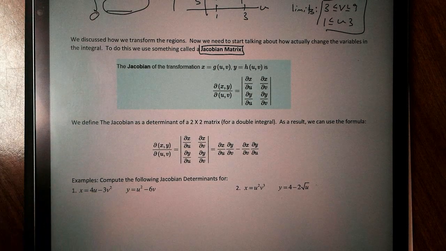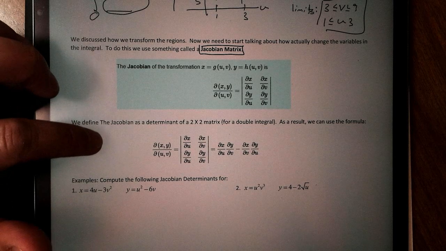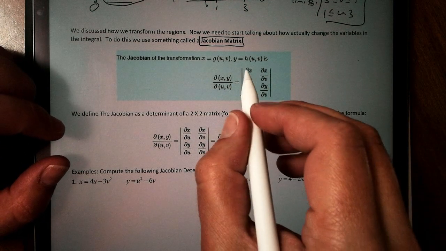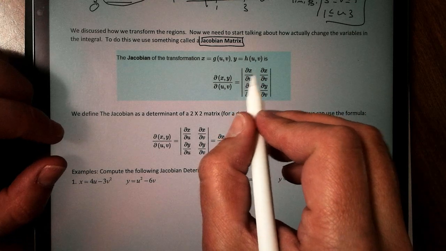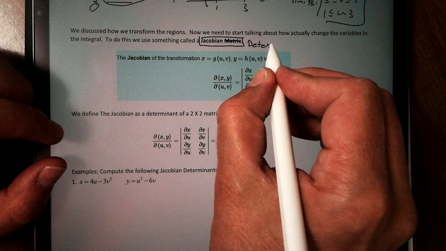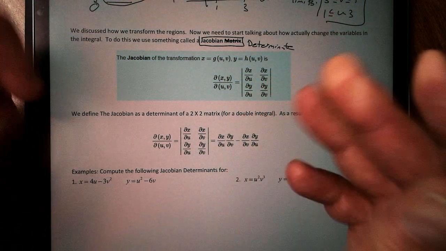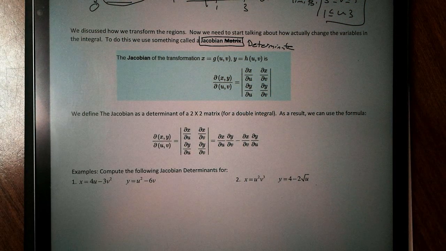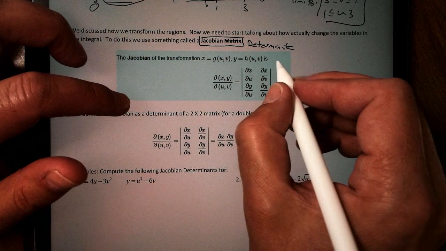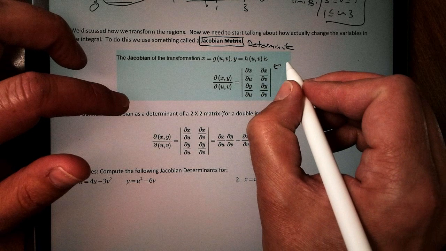We're not going to talk about where it really comes from, but what I want you to notice is that when you look at the Jacobian matrix, this is it right here. This is what we use. It is a determinant. Whoops, not matrix. I guess I should say more specifically, it's a determinant. Okay, it is a matrix, but we're going to take the determinant of it. What we notice here is that on the inside, it is our partial derivatives.